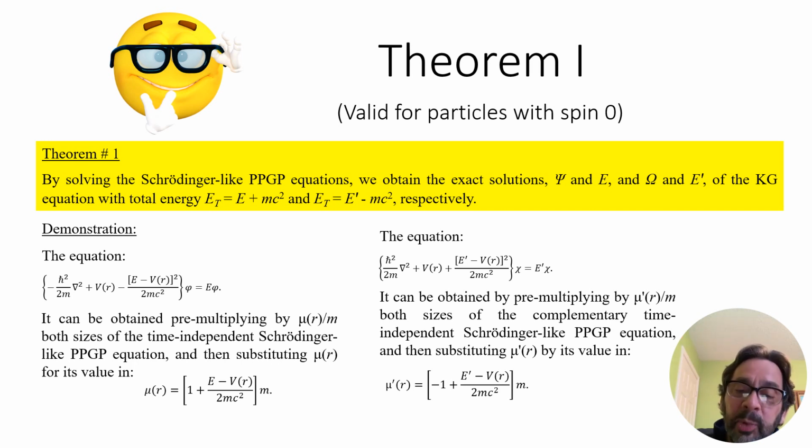This completes the demonstration. Again, this theorem shows that you can obtain the solution of the Klein-Gordon equation by solving the Schrodinger-like PPGP equations.